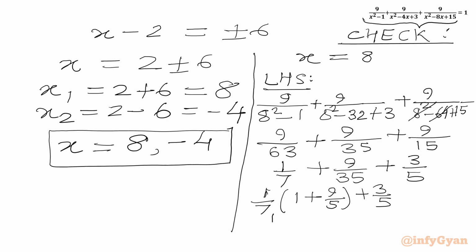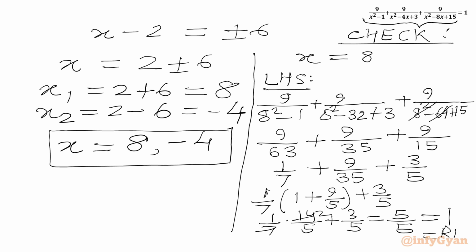Now 1 over 7 times (5 + 9) over 5, plus 3 over 5. 14 over 7 is 2, so we are getting 5 over 5, which is equal to 1, which is our RHS. Hence our first solution is true.